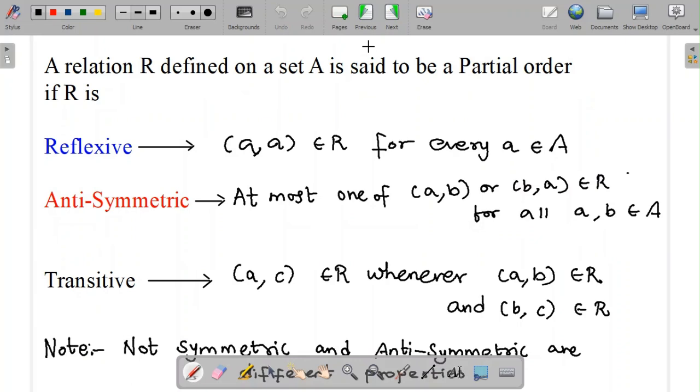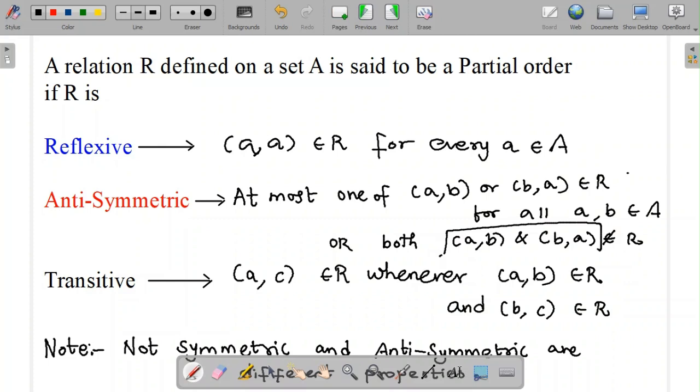The relation is anti-symmetric if for any two distinct elements a and b, at most one of (a, b) or (b, a) must belong to R. In other words, if a and b are different, we cannot have both (a, b) and (b, a) belonging to R. For different elements, both cannot belong to R. We can have a maximum of only one, not both.